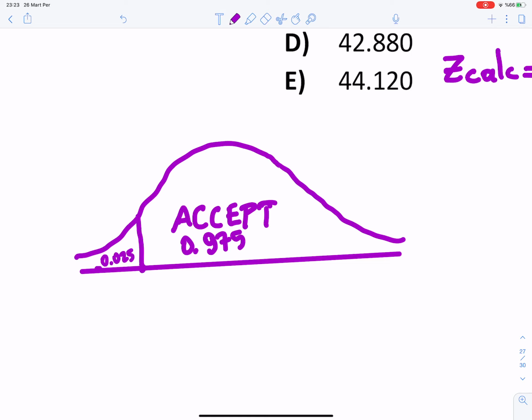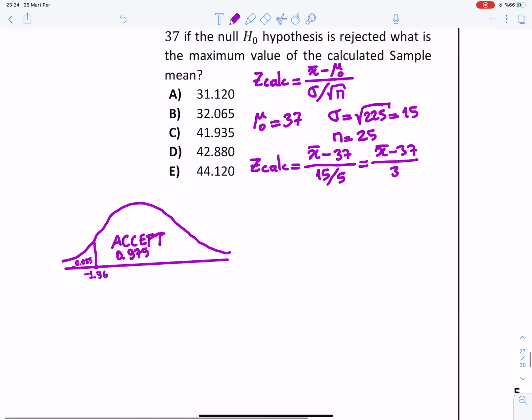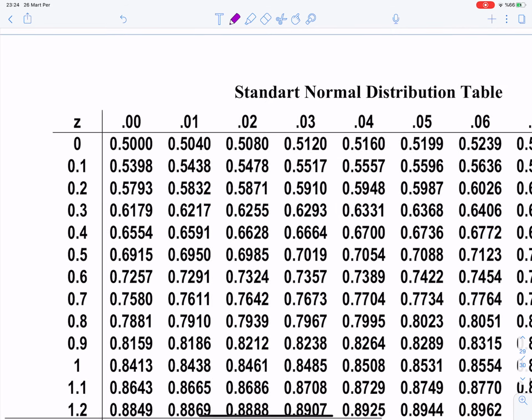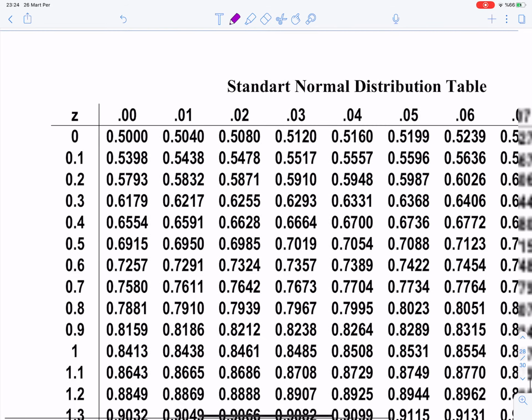The critical value can be obtained from the standard normal distribution table. I know it already, but I'll show you from the table.